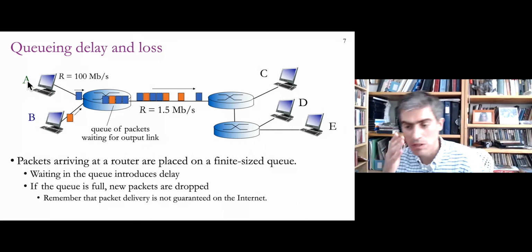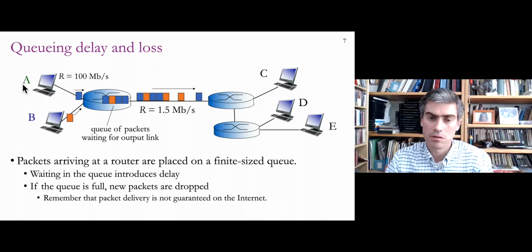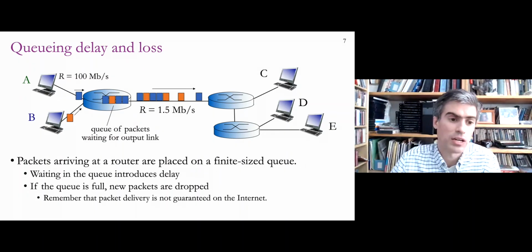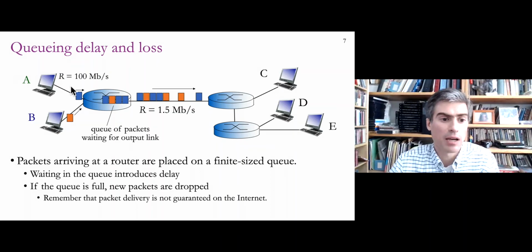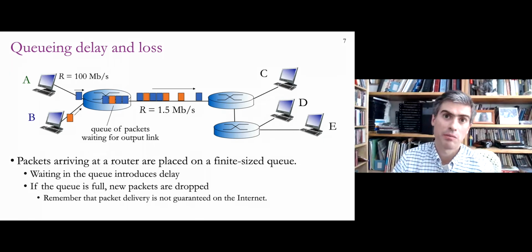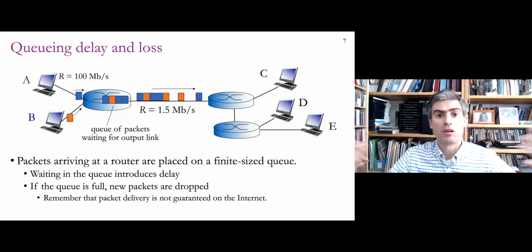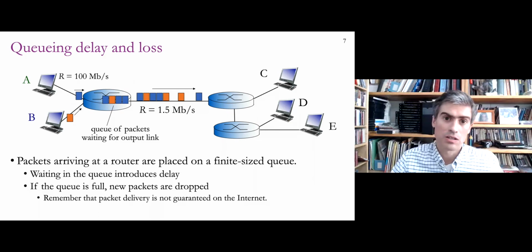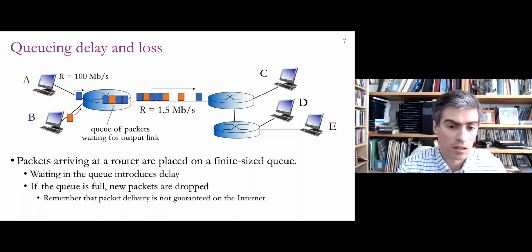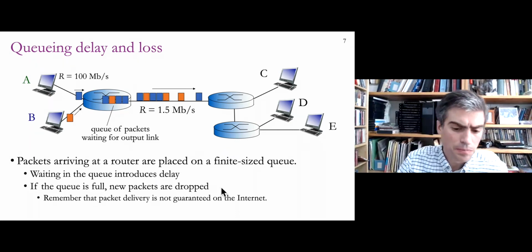This was an explicit design decision in the design of the internet: they decided to make the network a best effort delivery network and not try to give the sender confirmation that a packet was delivered. Of course, your applications do require that confirmation and do require reliability. So we'll implement reliability and delivery confirmation using a protocol that works on top of the internet, which is called TCP. We'll talk a little bit about that in this lecture just to introduce it, and then we'll talk in detail in chapter 3, I think. Okay.